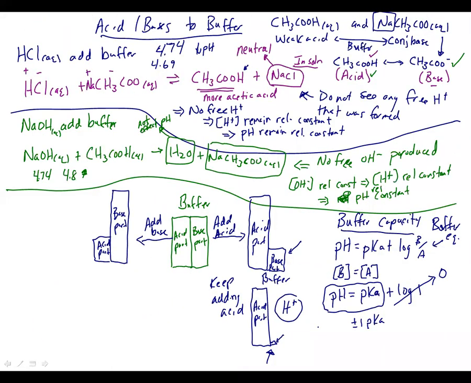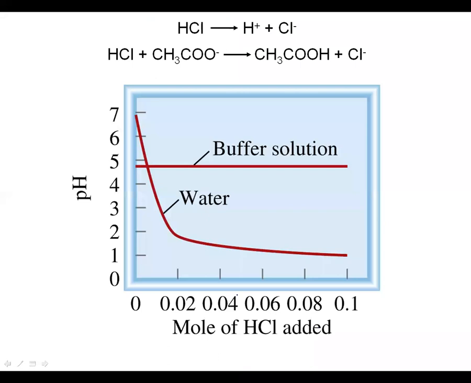All right, let's go this way. Here's a graph that demonstrates that in water, which is not a buffer solution. We do see this tremendous drop very quickly in pH. It started at about 7-ish and ended down at 2, and even ended at 1 as you kept adding all the way down the road there.